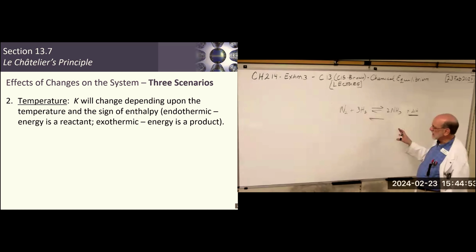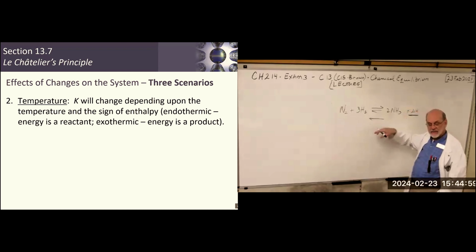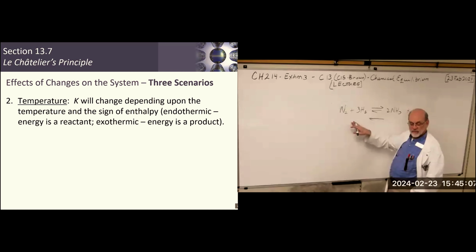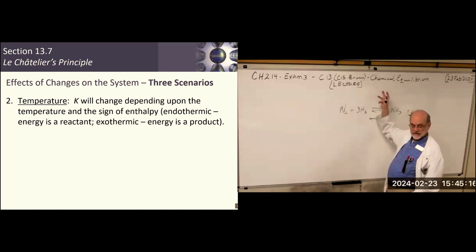So I don't know if I've mentioned how he got around that. The reason he increased the temperature was so that there would be enough energy for the reaction to proceed. But at the same time, he shifted the equilibrium, right? So he had two problems. He had a kinetic problem and he had an equilibrium problem. He solved the kinetic problem by increasing the temperature, so they would exceed the activation energy.